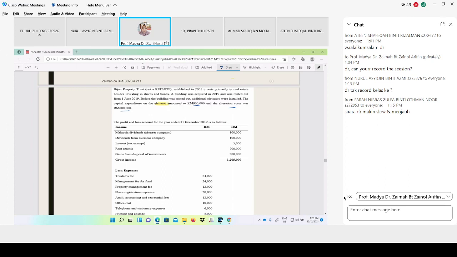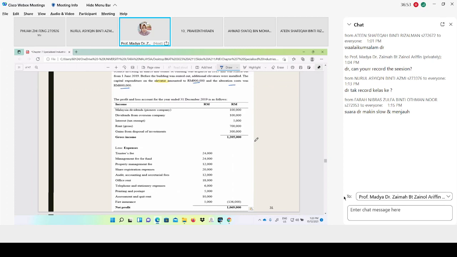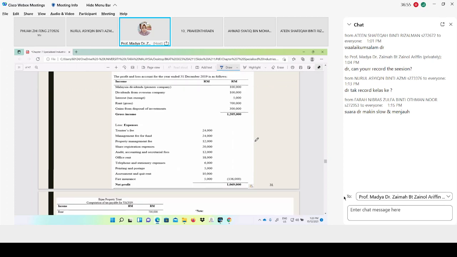Right? That is what you learned previously. Okay, and then they give you information about income. You have dividend, Malaysian dividend, overseas dividend, interest, rent, gain from the disposal of investment. Okay, and then you have the list of the expenses.